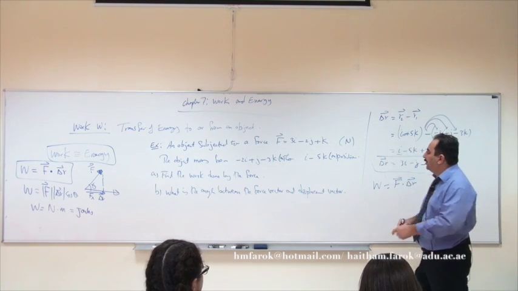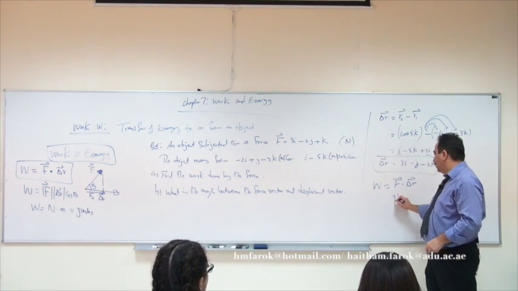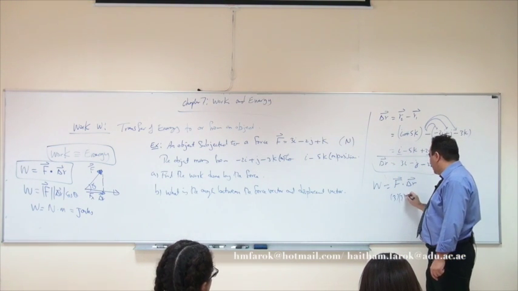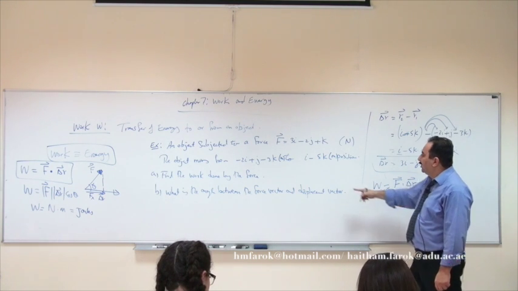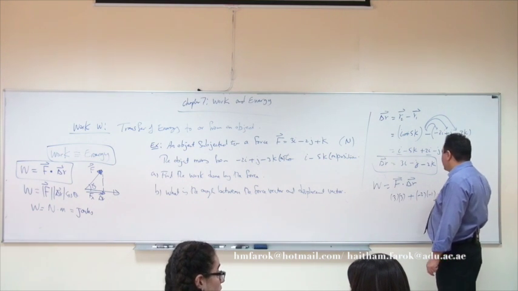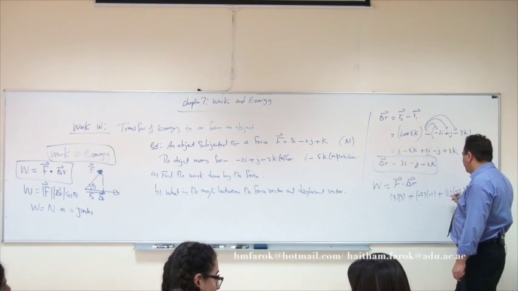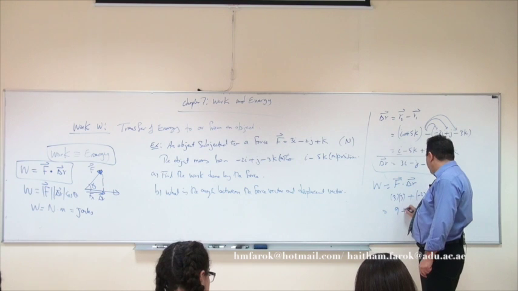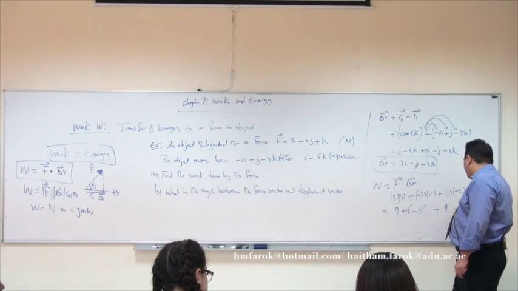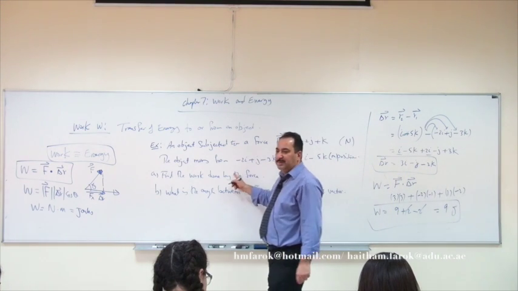Which means now the I of F is 3, the I of the delta R, 3. 3 by 3, I with I. The J, minus 2 by minus 1 plus 1 by minus 2. So we have 9 plus 2 minus 2, 9 joules. This is the work done by this force to move the object from this position to this position.